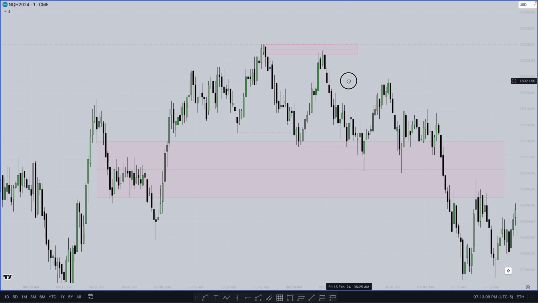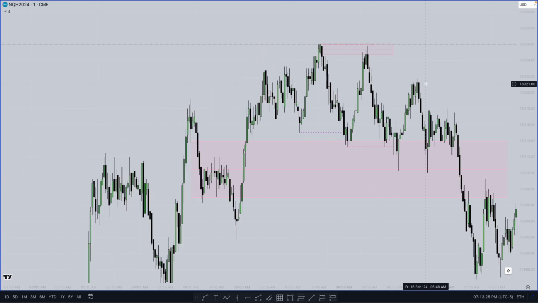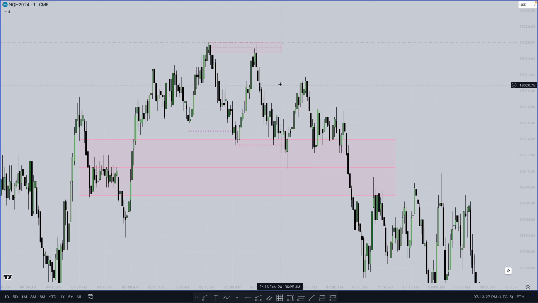When you closed a body under this low, that just validated this high. So now you have another low and high. What happens here? It can't even make it up to this area.